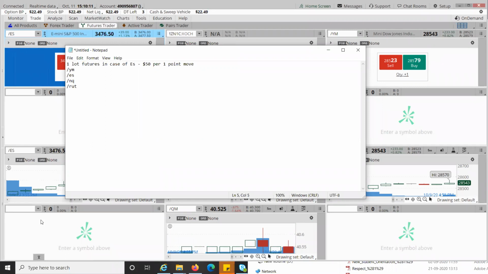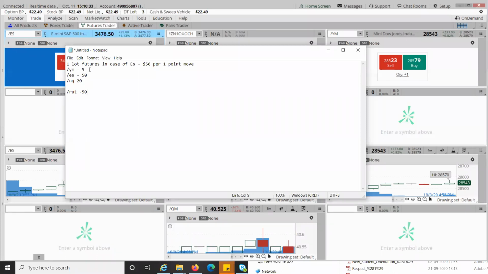Like all these are micro futures or mini futures, right? That for this is about 5 lot size. This is about 50. This is 20. And I think it's also 50.